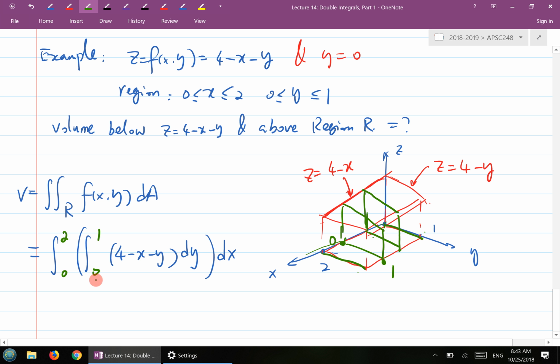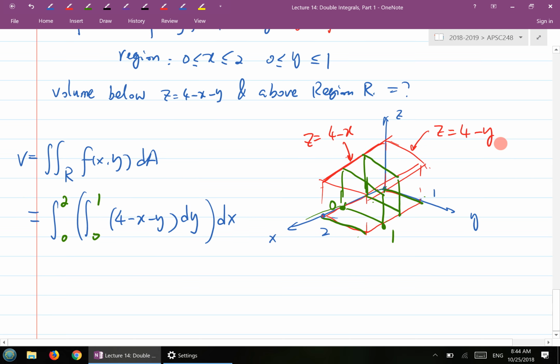First step, we generated this cross section here, right? And second step, we sweep this cross section from one end to the other end. So these two steps completely generate this solid region, this solid object, whatever you want to call it. And that's essentially the volume, the double integral we're looking for.